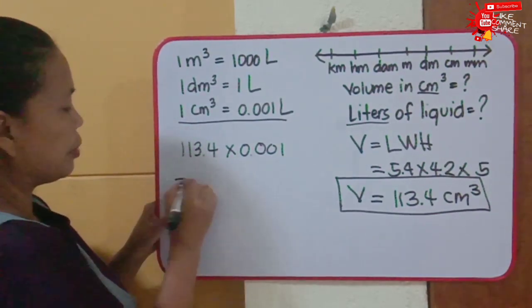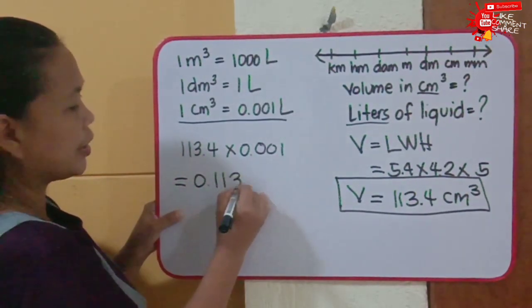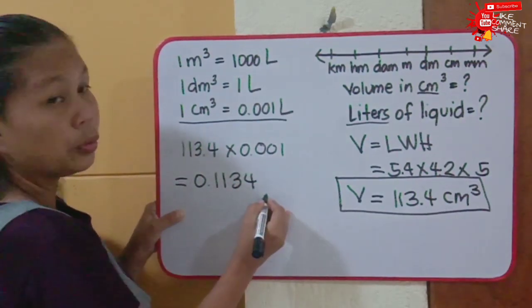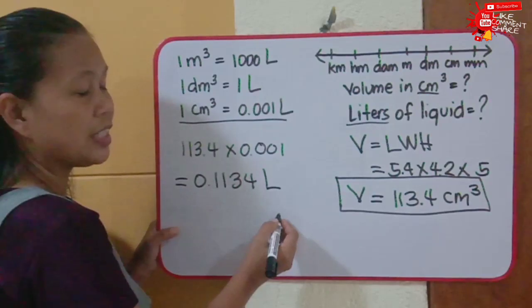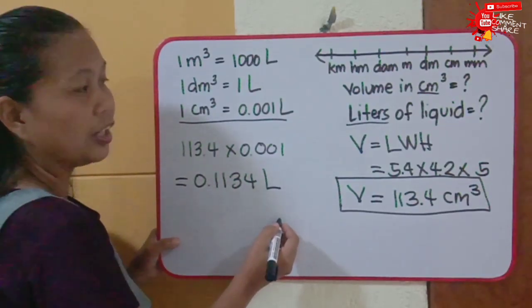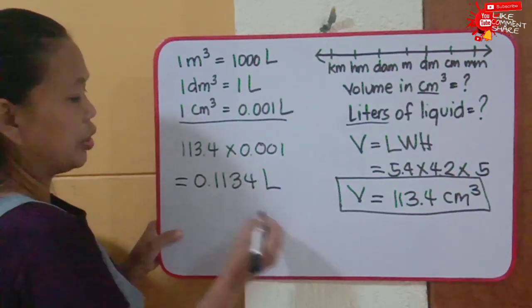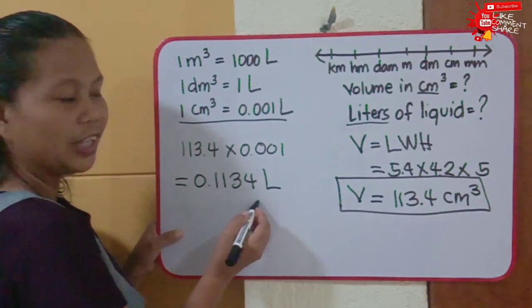The product will be equal to 0.1134. Then the unit will be liter. So what will be the capacity of the rectangular prism, or the water it can hold in liter? So the answer will be 0.1134 liter.